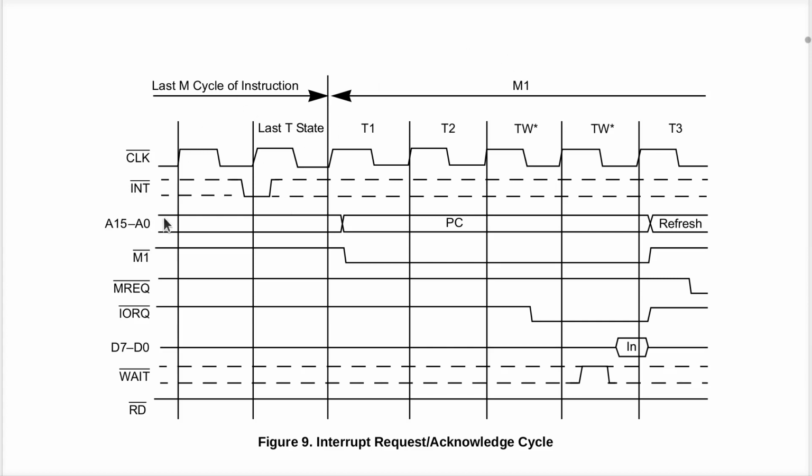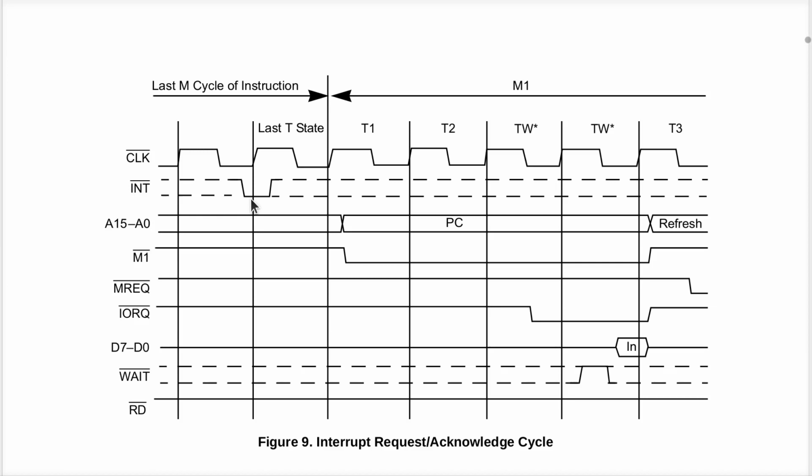Let's look here at the very last two T states, the two clock cycles. This is the phi clock that I've been calling it lately, that controls the Z80 and the system as a whole. So on the very last clock cycle, on the rising edge, while it executes any instruction, the Z80 will look to see if the interrupt signal is low.